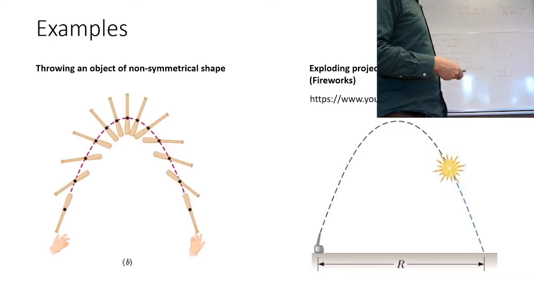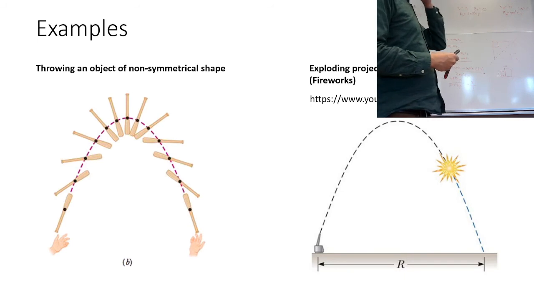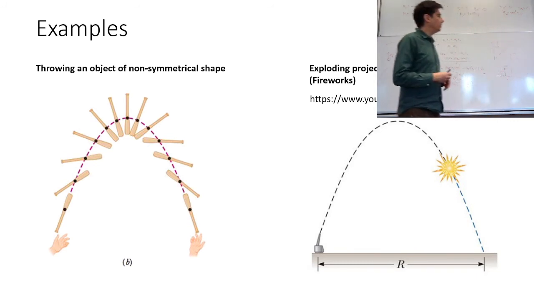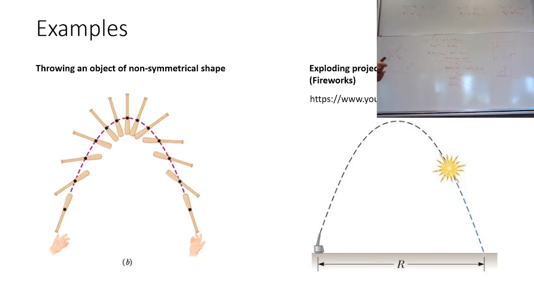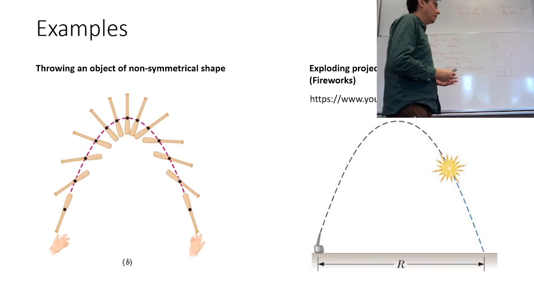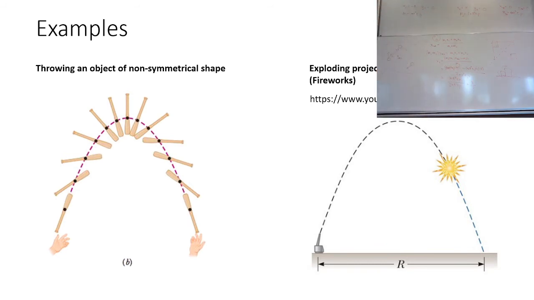Okay, so some examples where you can apply this idea is to look at cases like a thrown object, which is a non-symmetrical shape.